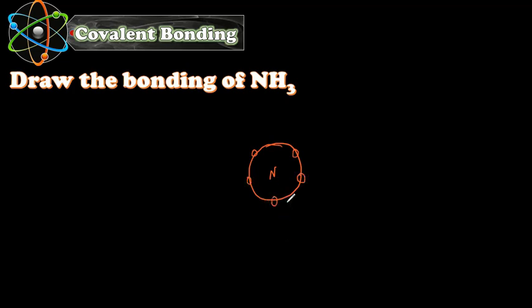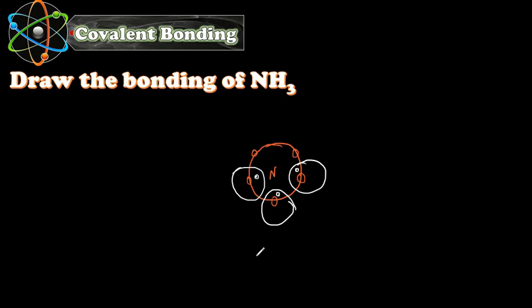It has 5 valence electrons, so it's going to share with 3 atoms of hydrogen. So these are the atoms of hydrogen. One atom of hydrogen is going to share with it 1 electron here. One atom of hydrogen is going to share another electron with it here. And the last atom of hydrogen is going to share with it 1 electron here.